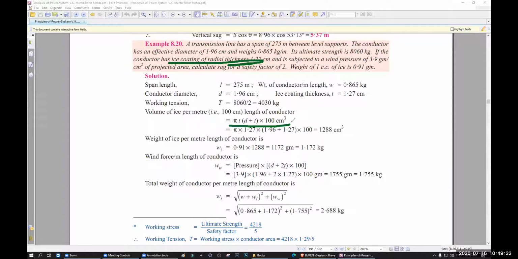This is related to the formula I wrote earlier: pi, R2 is the bigger radius, the whole, and the conductor radius is R1.